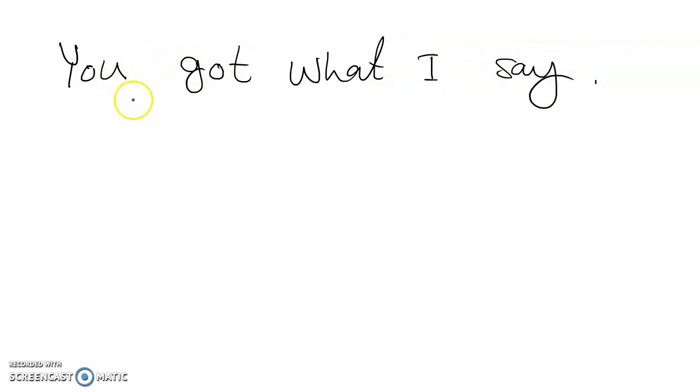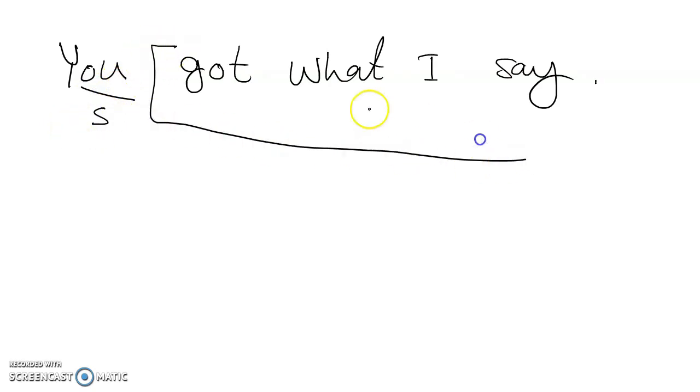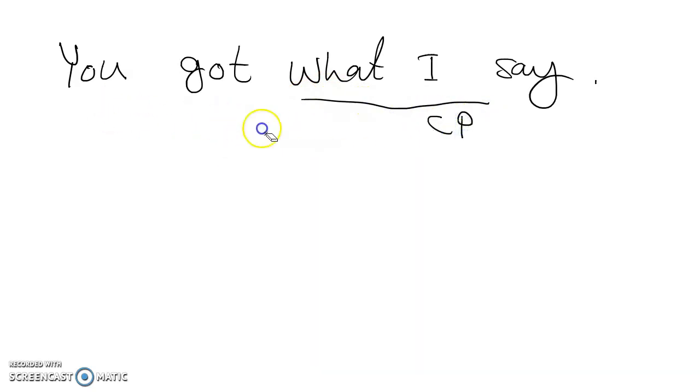Again, I have to think in the way that this is the subject of my sentence, or this is the DP, and this is the predicate. Now, regarding the predicate, I have the verb and the object, which is the complement of my VP. This object is in the shape of CP. I make the tree without having so many details regarding it.